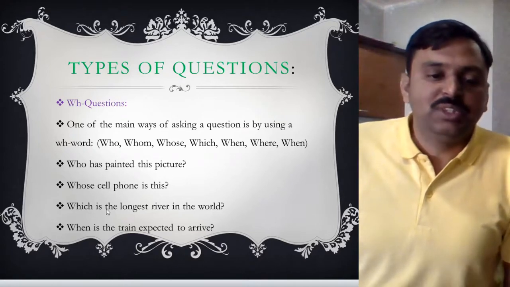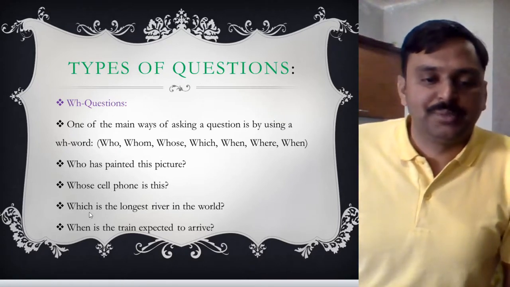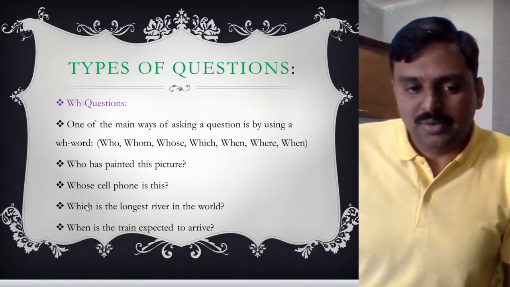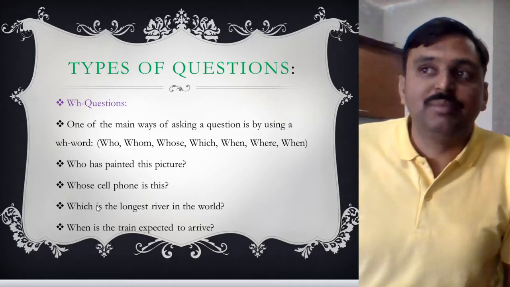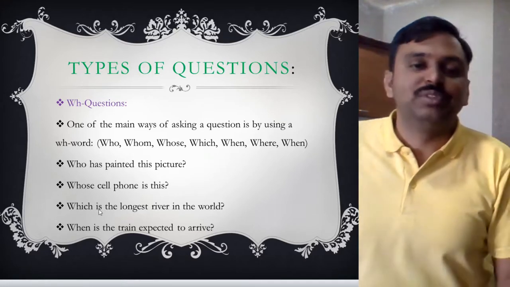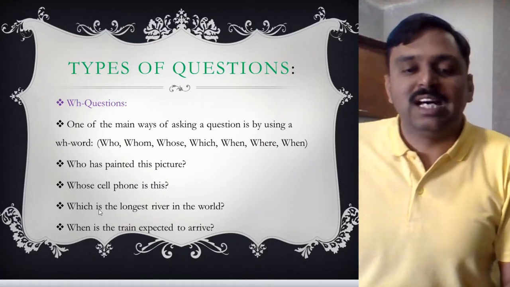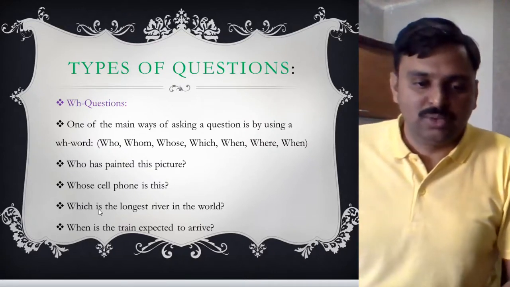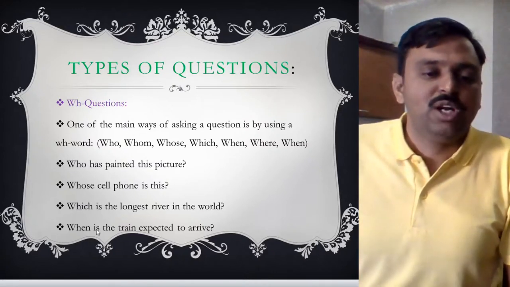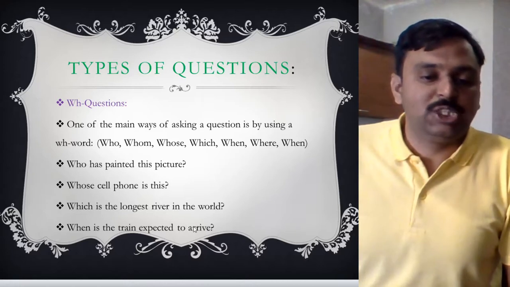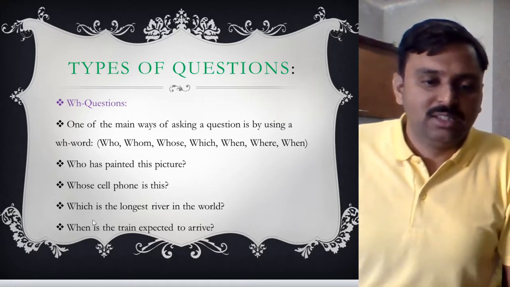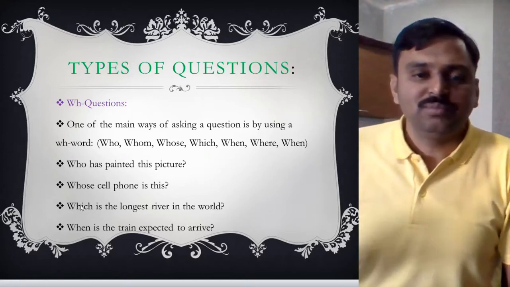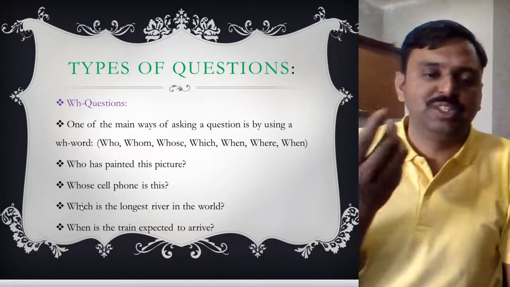Alright, which is the largest river in the world? Again, after which there is the helping verb is. So we say, which is the longest river in the world. Then next we have, when is the train expected to arrive? Here which gives you a choice from which you want to select.